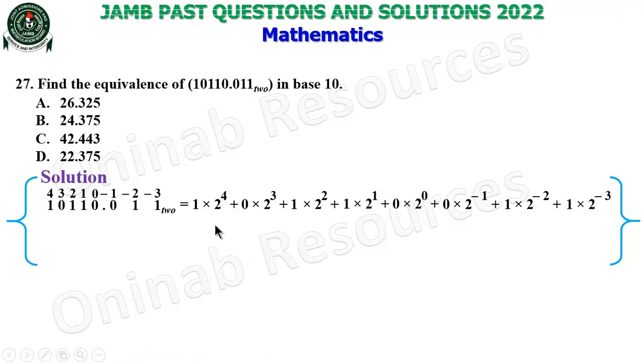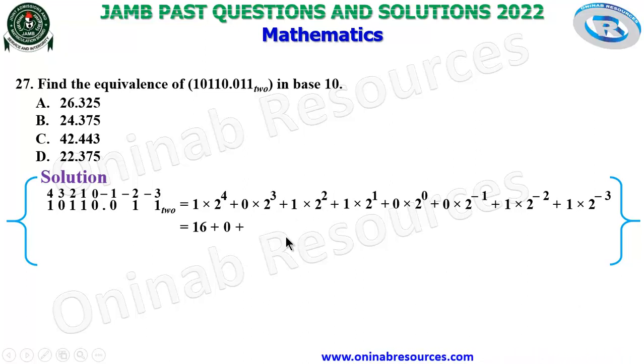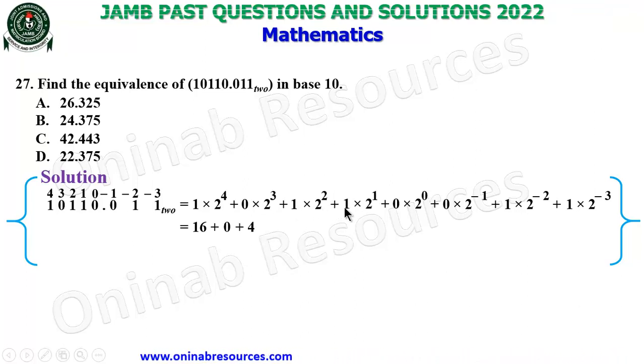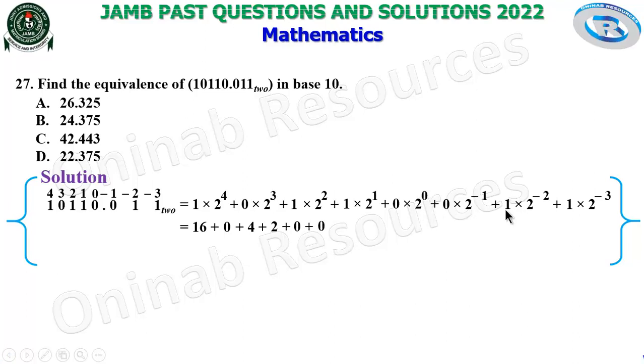So 1 times 2 raised to power 4 is 16. Then plus 0 times 2 raised to power 3 is 0. Plus 1 times 2 raised to power 2 is 4. Plus 1 times 2 raised to power 1 is 2. 0 times 2 raised to power 0 is 0. Plus 0 again.